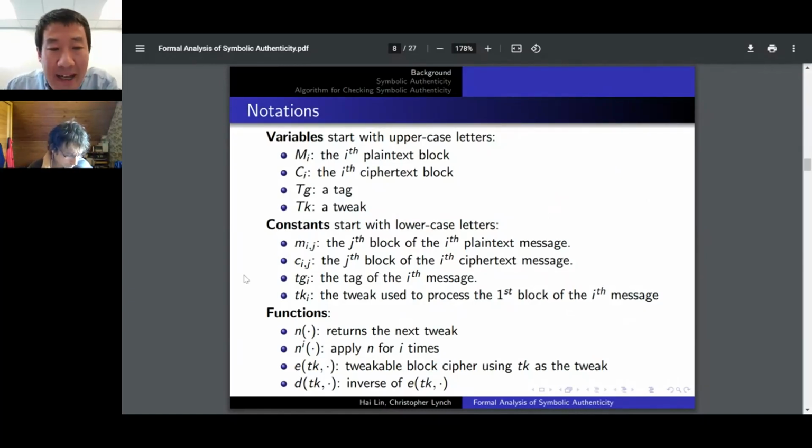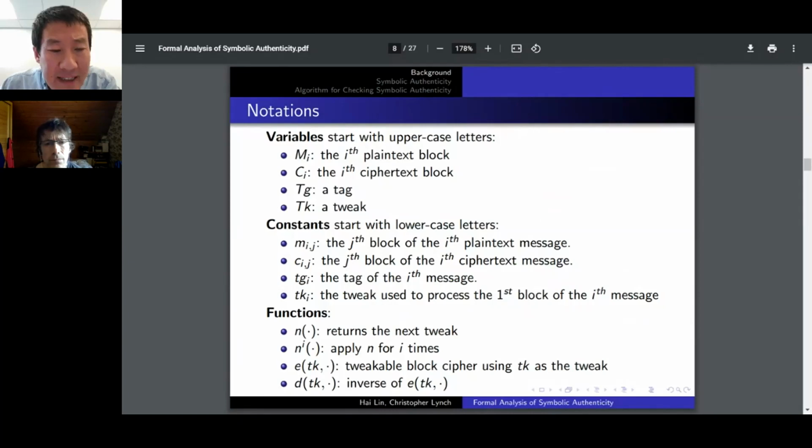And tag_i denotes the tag of the ith message. And TK_i denotes the tweak for processing the first block of the ith message. But since we need to use a different tweak for each block, in order to get the tweak for processing the next block, we use a function called n, which returns the next tweak. And we have a shorthand. n to the i means apply n i times.